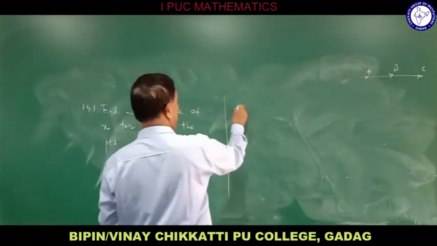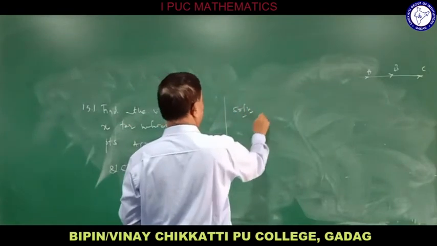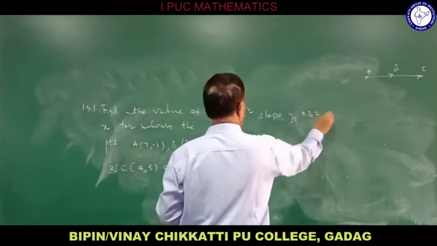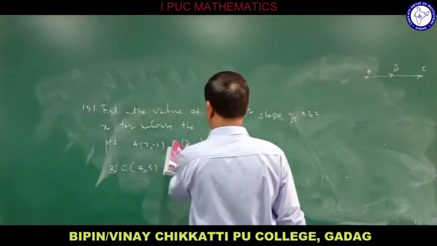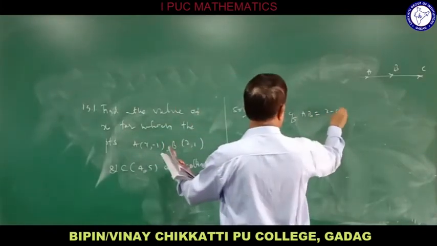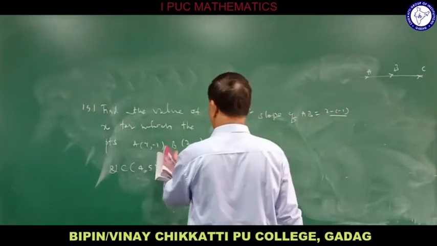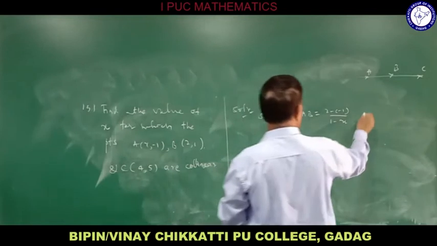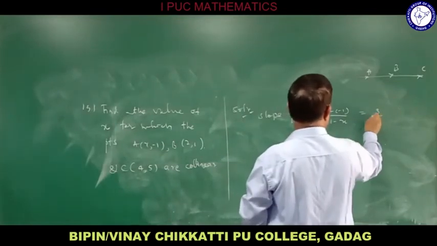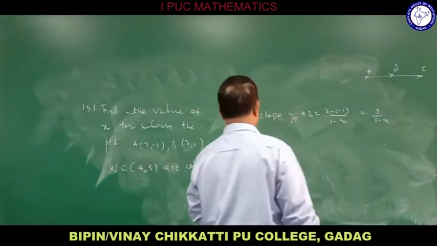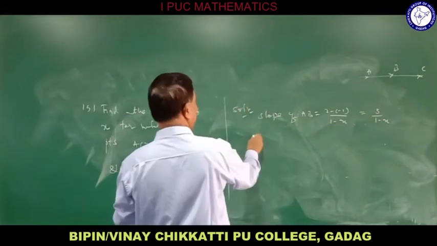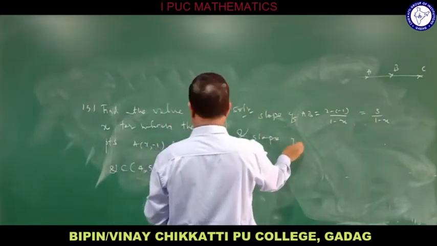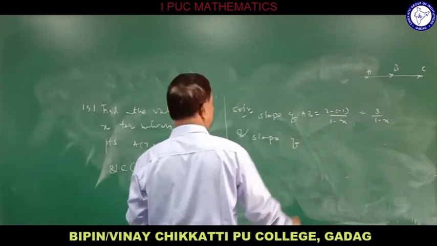So instead of the lengthy process, I write the slope of AB. What is the slope of AB? That is 2 minus of minus 1 divided by 1 minus x, and this is equal to 2 plus 1, that is 3, divided by 1 minus x. And the slope of BC you have to write.